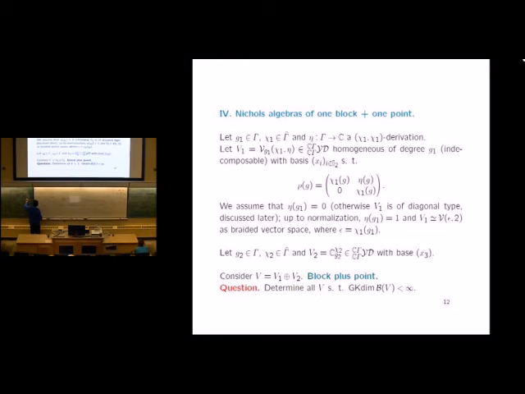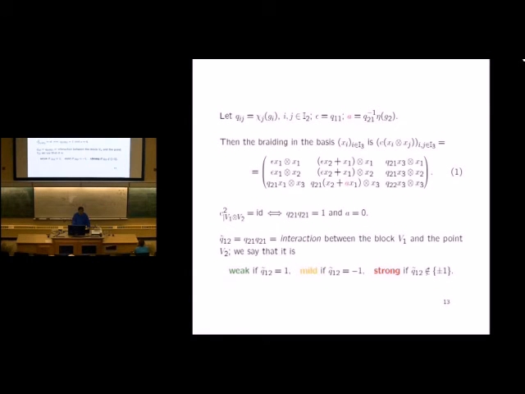And this is a point. This is the next case we want to deal with. And I skip this technical notation because I will say it again in the next slide. And the question is, for such V, classify or determine when the Gelfand-Kirillov dimension is finite.